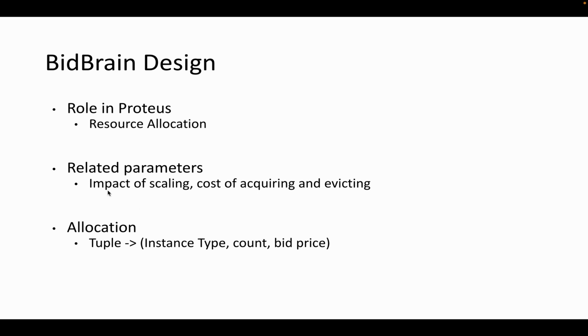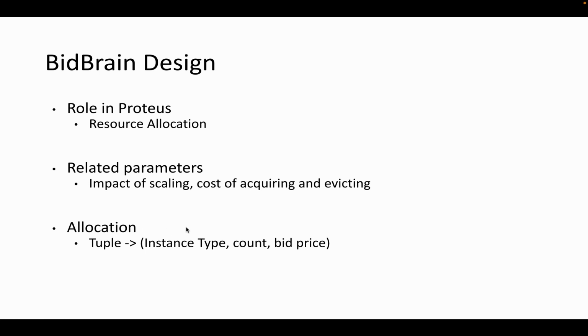It considers that. Each resource also has a cost associated with it, and then there is overhead when we acquire or evict a resource. That also plays an important part in BidBrain's deciding factors. There is also this term called allocation.